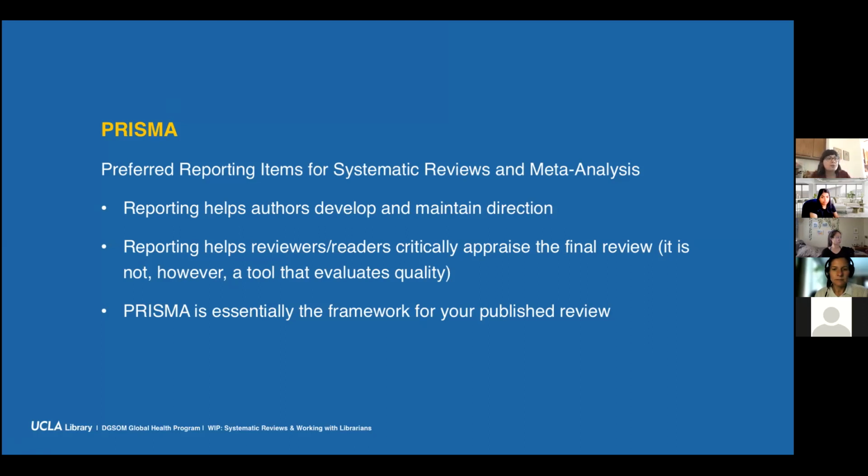So I just saw yesterday when I was prepping for this that in 2020, they updated the checklist from 2015. So I think it's always helpful to look at the updated items. Reporting helps authors develop and maintain direction and helps reviewers and researchers critically appraise the final review.